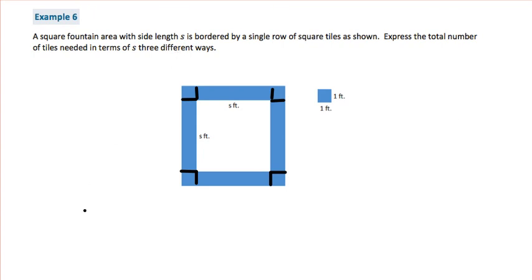First of all, we could write 4 times s, right? 1, 2, 3, 4, plus 4 because we have these 4 pieces.